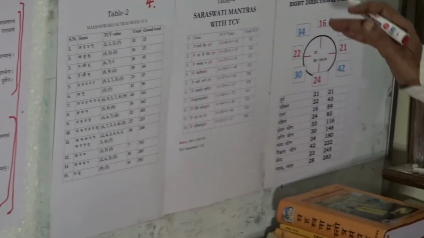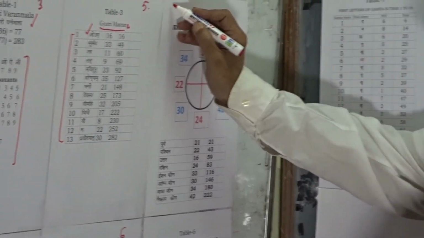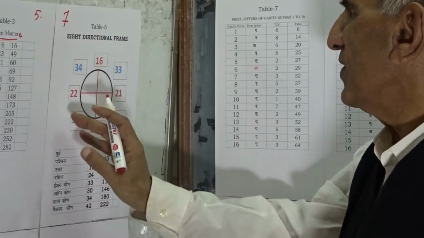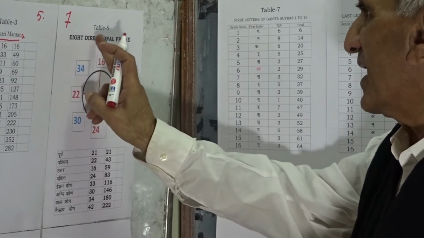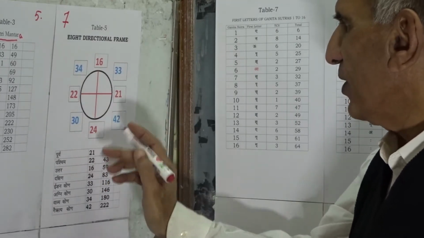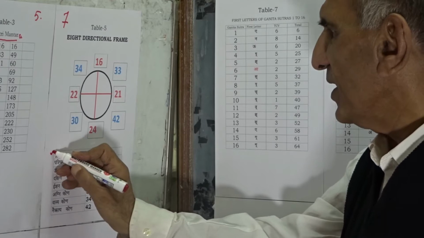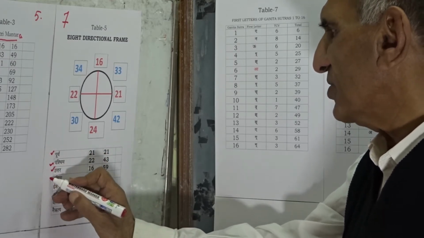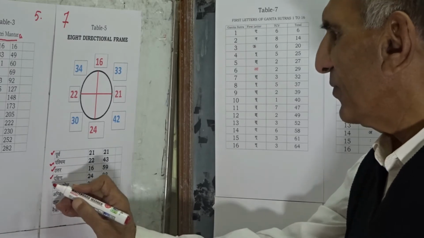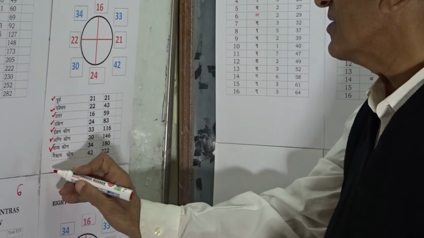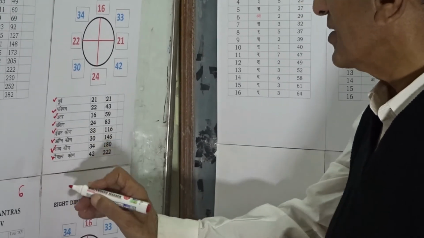The seventh test is going to be the astronomical test for the format, which avails 8 directional frame, and this 8 directional frame would mean Purv, East, Paschim, West, Uttar, North, Dakshin, South, then Northeast and the Southeast and the West and the North, South.